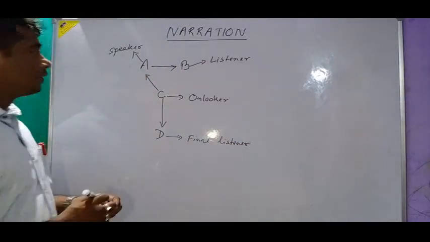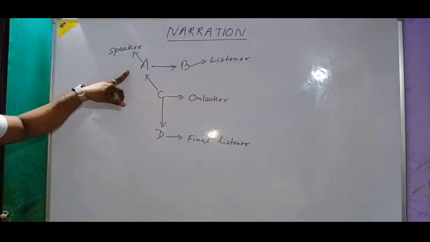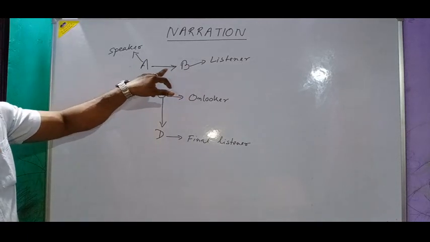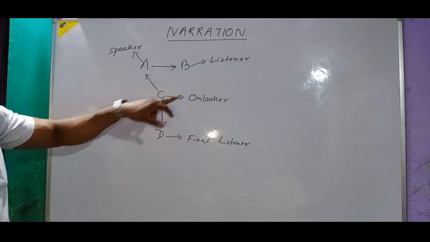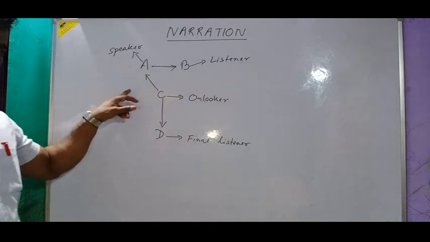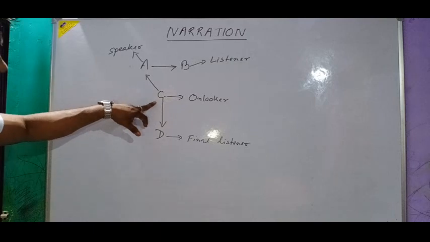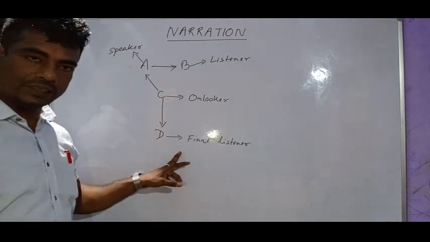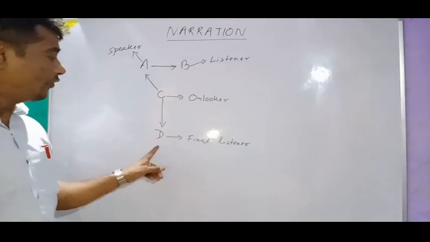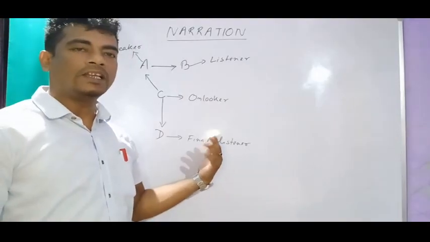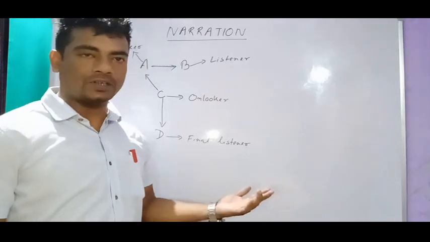So A speaks something, B listens, then A speaks to B, and what is spoken by A is overheard by C, and C reports that to, suppose, D. And what will be heard by D will be in indirect speech.